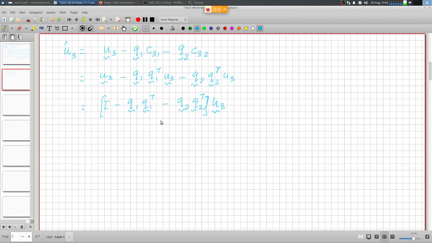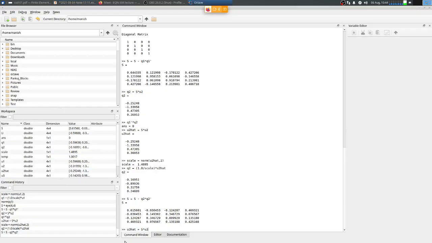We already had this sweeping matrix earlier, I minus Q1 Q1 transpose. So I just added one more term here, Q2 Q2 transpose, in defining this new sweeping matrix.